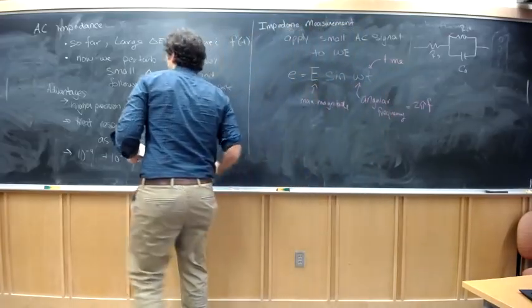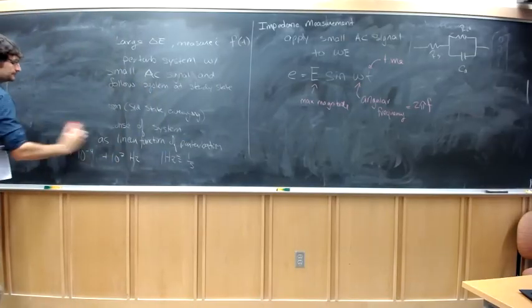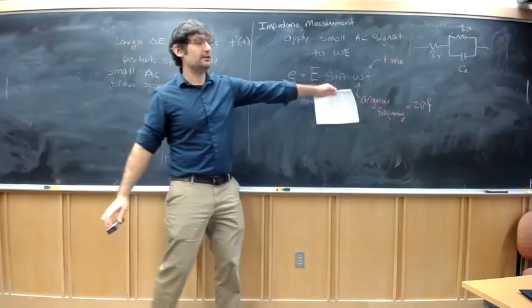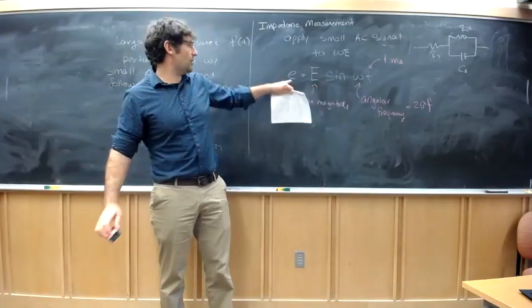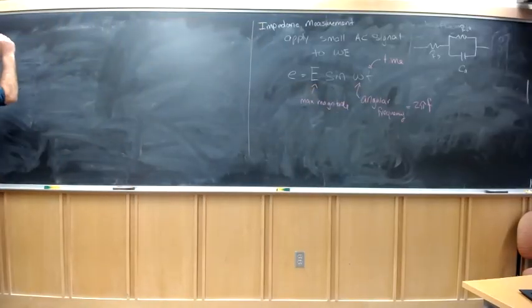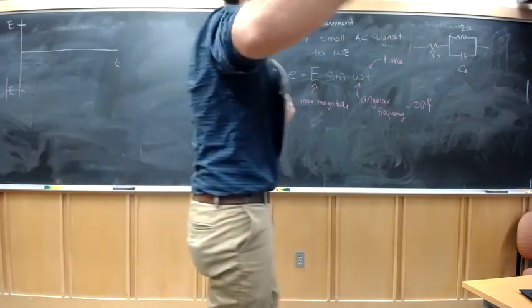So let's think about what that wave looks like. That's a waveform, right? It's a sine. So could everybody in your notes draw this function? Draw E as a function of t. Yes, sine waves start at 0, cosine waves start at 1. No, it's a sine wave.